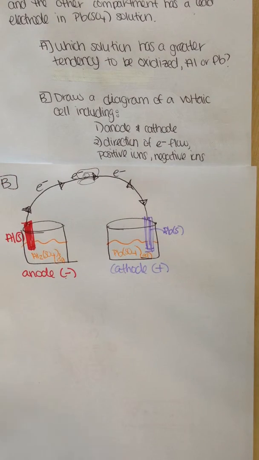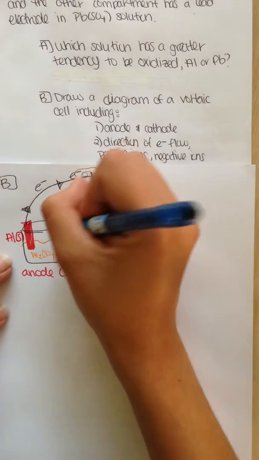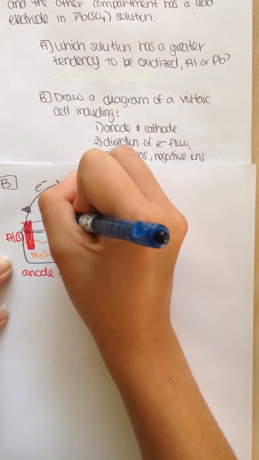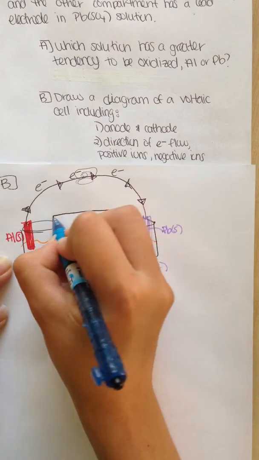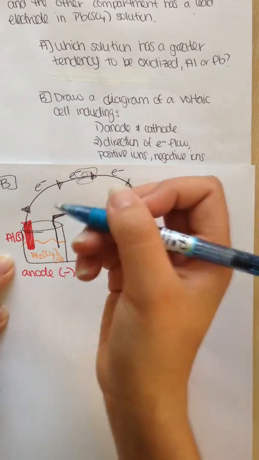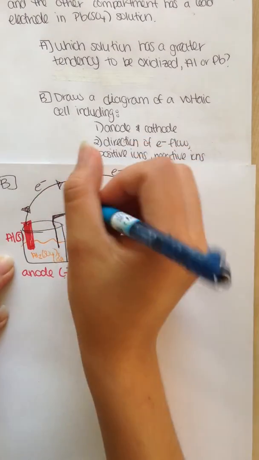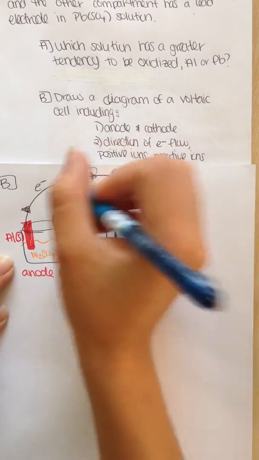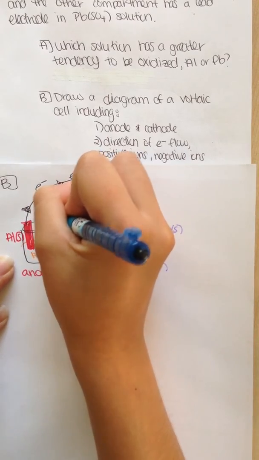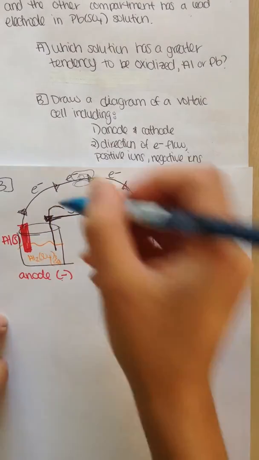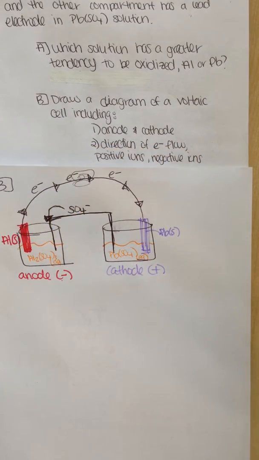But let's draw the salt bridge. So here's the salt bridge. It needs to be underneath the aqueous solution. Since the salt bridge allows ions to move between the compartments, we know that the ion is SO4, the spectator ion. Since it has a negative charge, it goes towards the negatives. If we had a positive, it would go to the positive. So that's it for that.